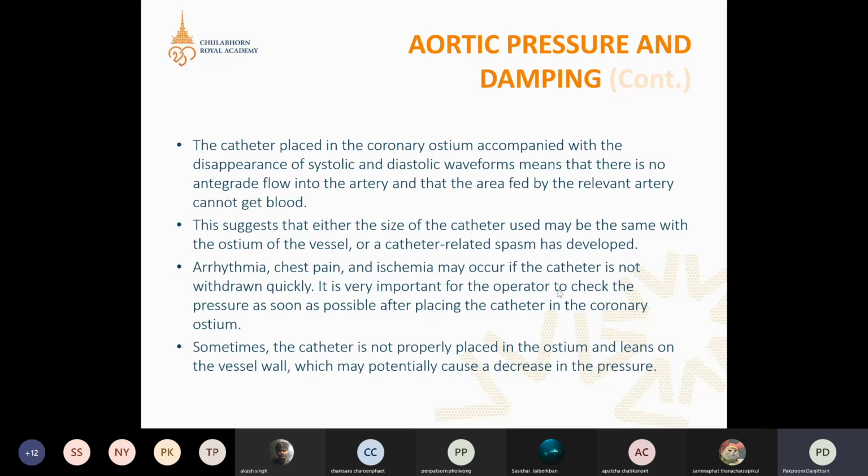After engaging the coronary artery, the size of the catheter matches the size of the ostium and blocks the flow from the aorta into the coronary artery, so that can cause the damping pressure.